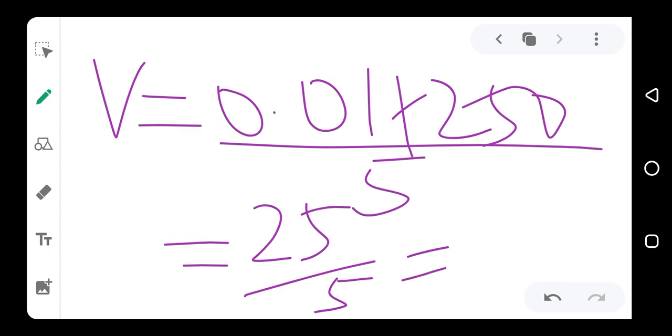Now this gives us 0.5 meters per second. So the velocity of the recoil is 0.5 meters per second. So this is how to calculate velocity of the recoil force from the relationship that exists between the propulsive force and the recoil force.